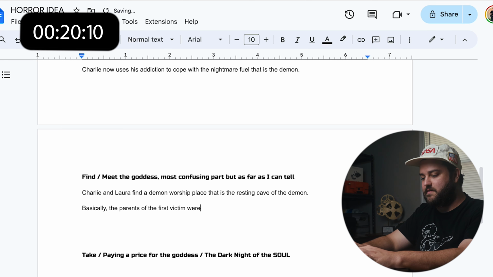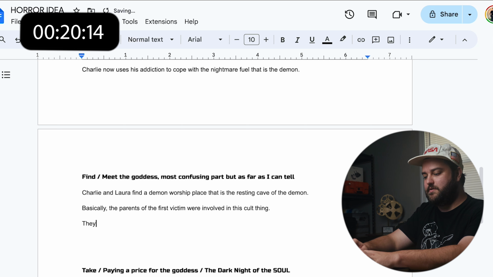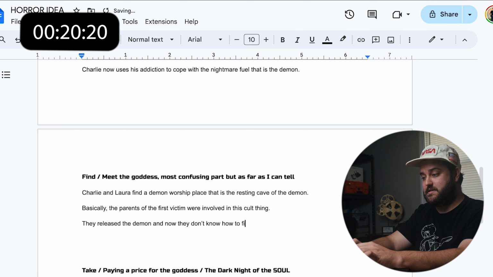I think it could be interesting that the people involved in this demon worship were the ones that lost the most. So it could be the parents of the first victim were involved in this cult thing. They released the demon and now they don't know how to fix it.